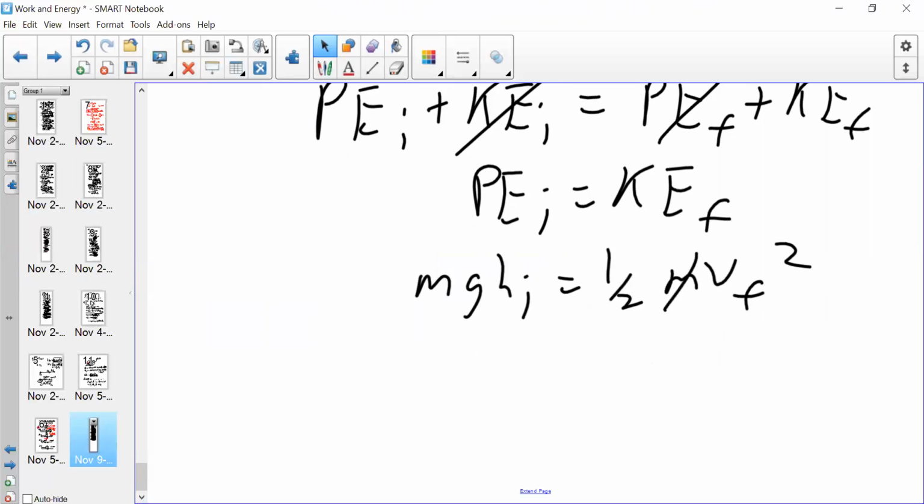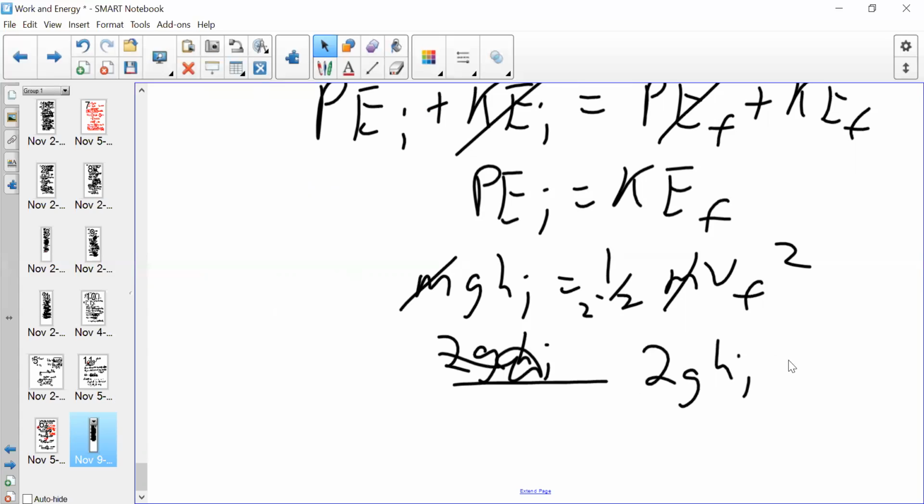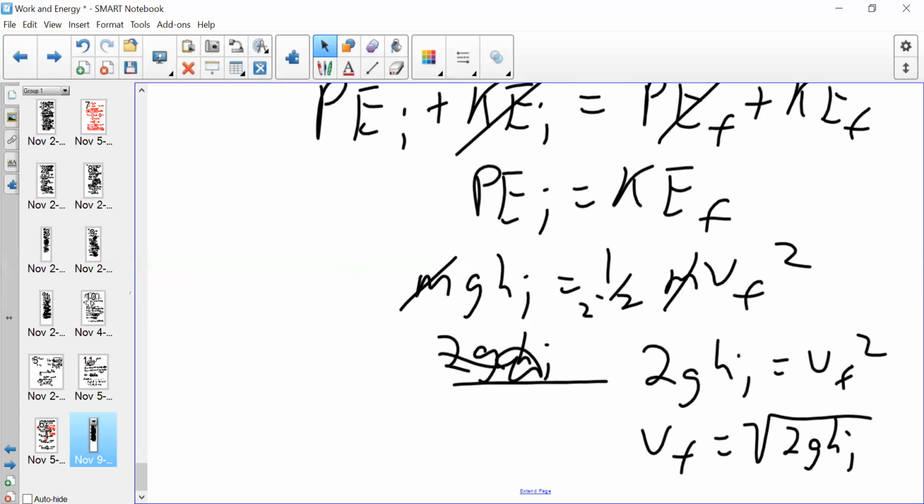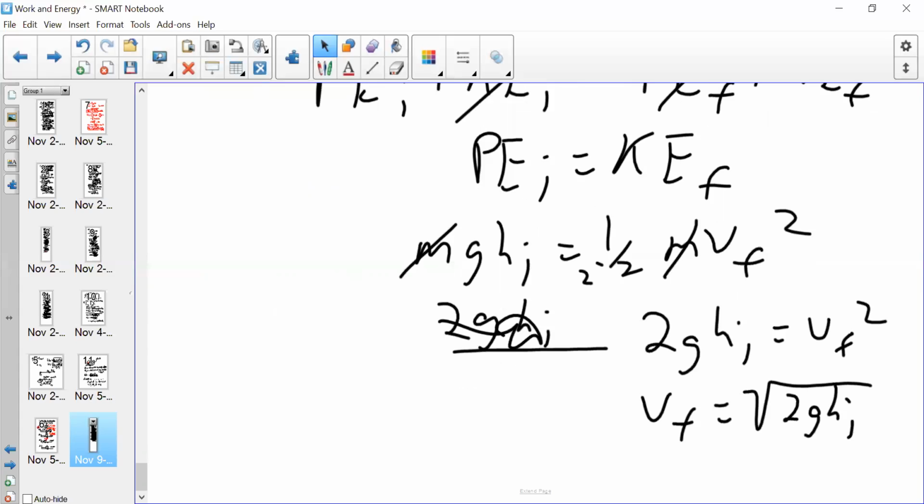Look, the masses cancel out. Then we have vf squared equals 2 ghi, so vf is equal to the square root of 2 ghi. You know, gravity is always going to be 9.8, all that.